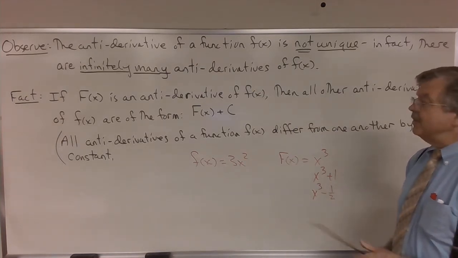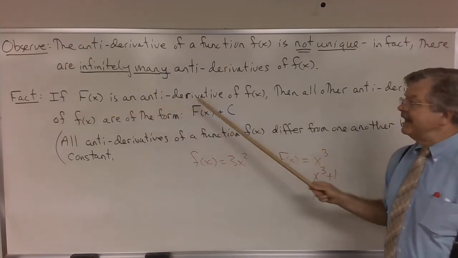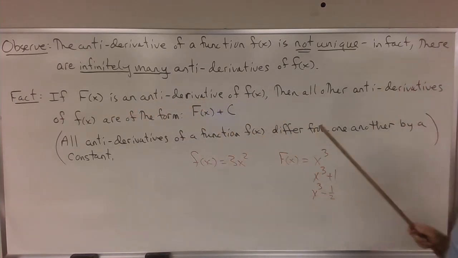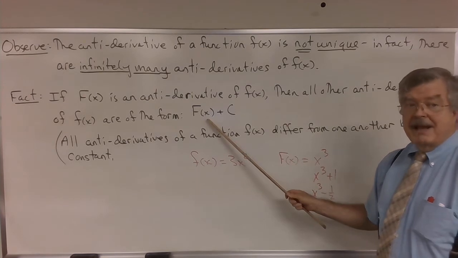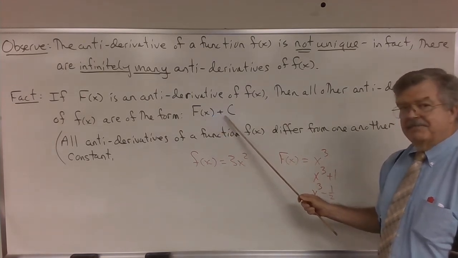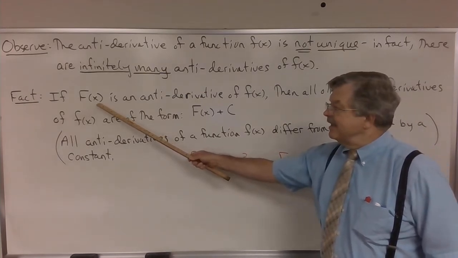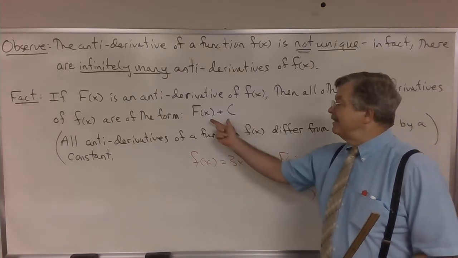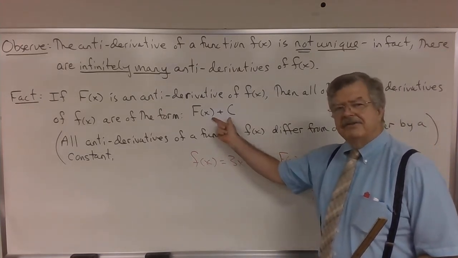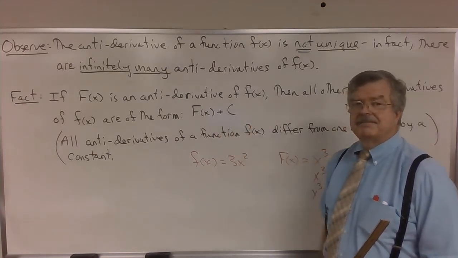And we answer that question right here. If capital F of x is an antiderivative of little f of x, then all other antiderivatives of little f of x are of the form capital F of x plus c. So if capital F of x is an antiderivative of little f of x, and a function doesn't look like this, then it's not an antiderivative of little f of x.